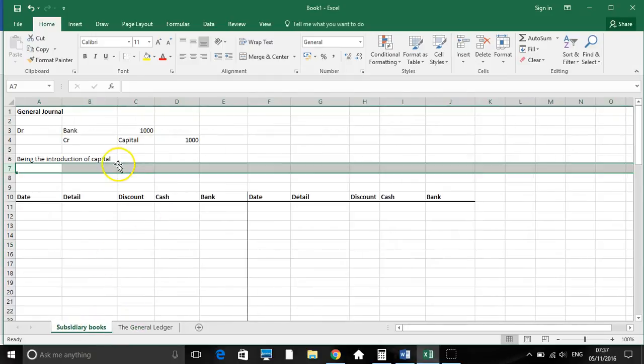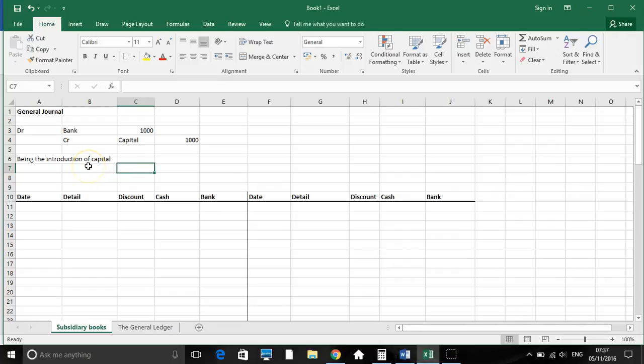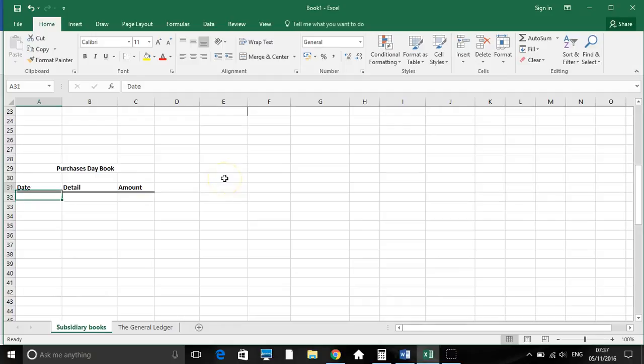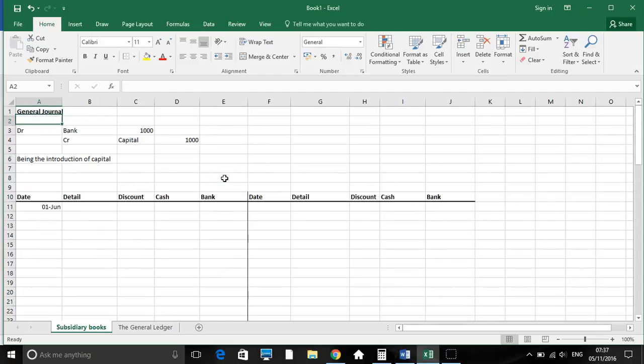Question is where. So we have this in here, but because this is also to do with money, we must record the fact that we have received money on the 1st of June in our bank account. So this is my cash book. Your cash book is a subsidiary book.